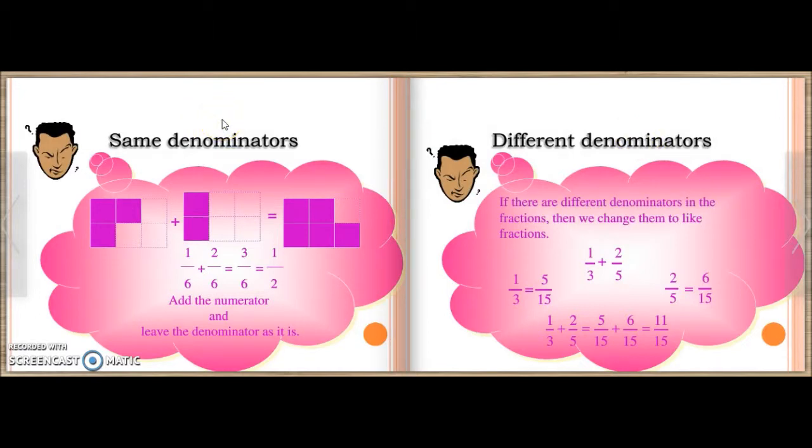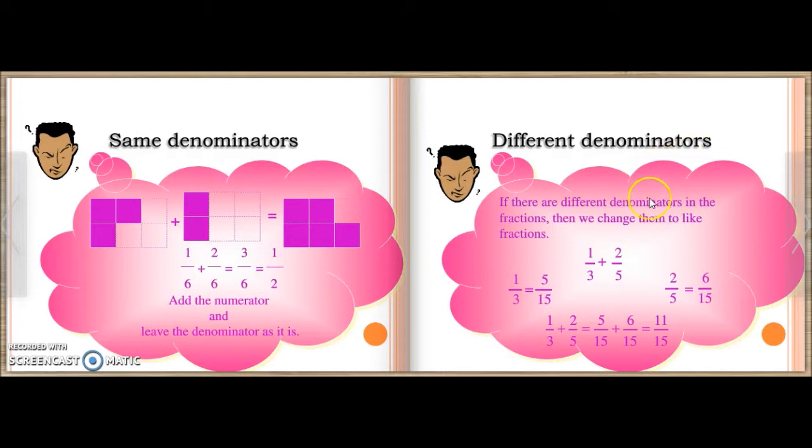Let's look at the examples of adding fractions with the same denominators. 3 over 6 plus 2 over 6 equals 5 over 6. Add the numerators and leave the denominator as it is. Next, let's look at the examples of adding with different denominators.